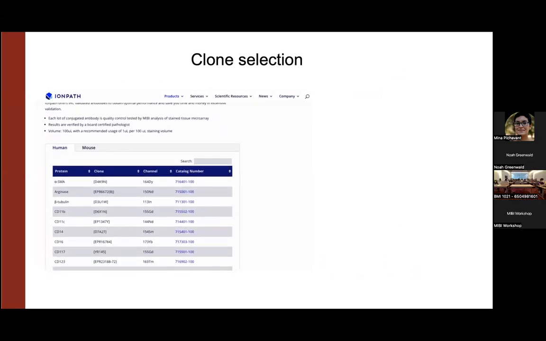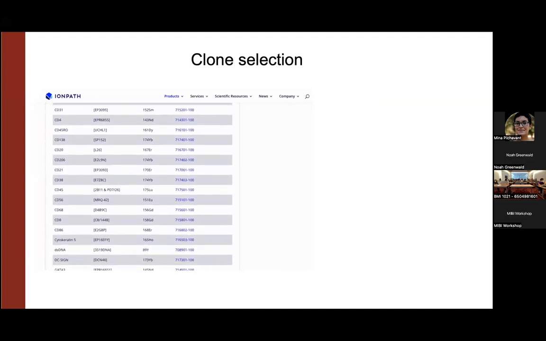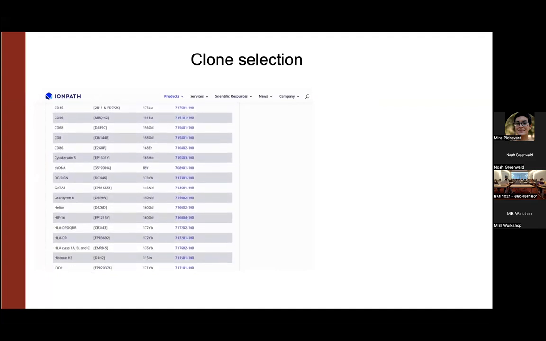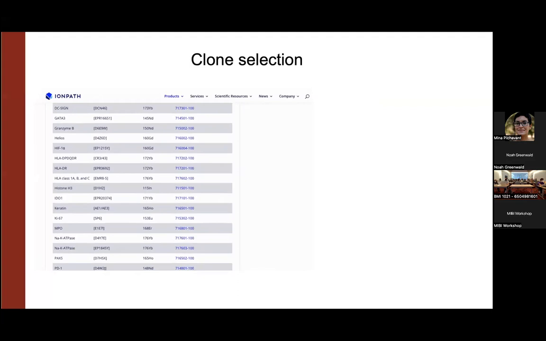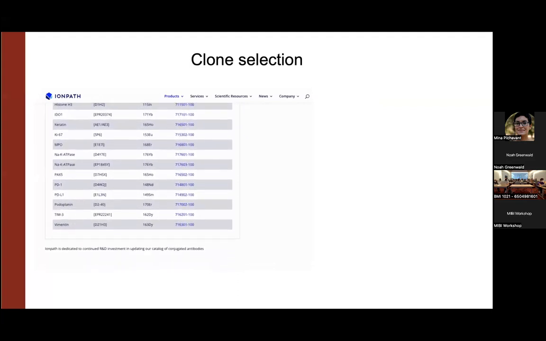All right, so how do you really find these clones? Well, the easiest place to start is with IONpath's website, because they have a lot of well IHC-validated antibodies that have been tested to work with their chemistry. On top of the ones they list on the website, they have additional markers that they'll release to the audience, or put a link to their website, once the workshop is done.